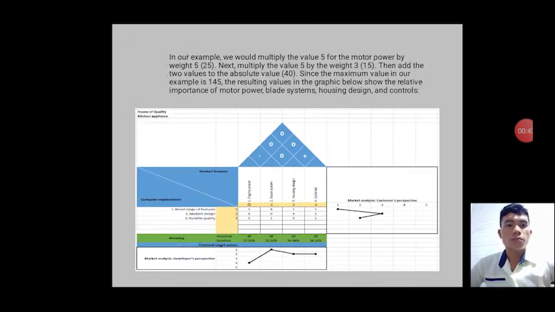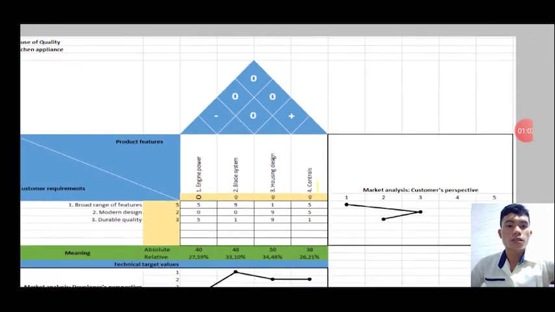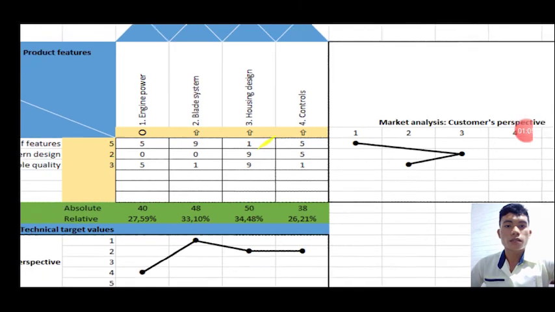So in our example, we would multiply the value 5 from the motor power by the weight, which is 5, multiplied by 5 equals 25, and next multiply the value 5 by the weight 3 equals 15, then add the two values, the absolute value equals 40. So let me zoom this.